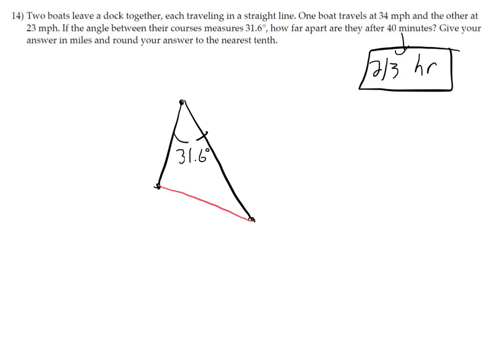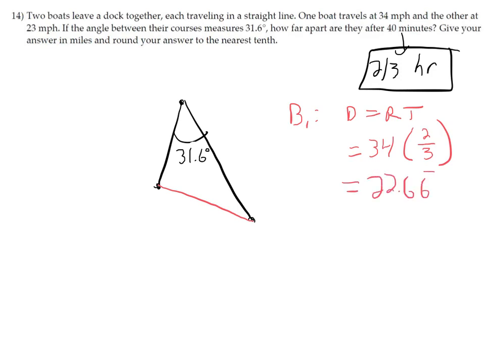One boat travels 34 miles an hour. So for boat 1, distance equals rate times time. That would be 34 times 2/3, which gives us 22.66 repeating.